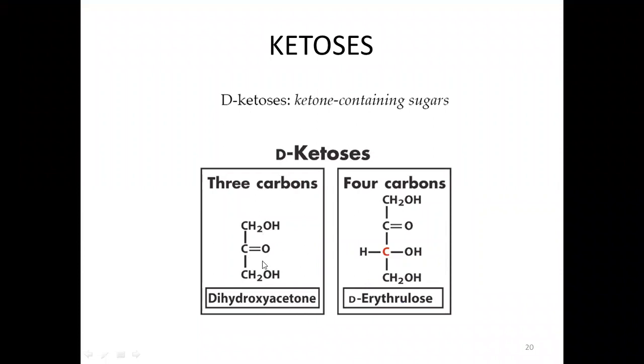Next is a 4-carbon sugar. This is our reference, the C double bond O. So if we have CH2OH, C double bond O, and we add 1 carbon, we don't have a chiral center here. Since there is no chiral center, we don't have an enantiomer or a stereoisomer. There is no carbon that is bonded to 4 different groups.